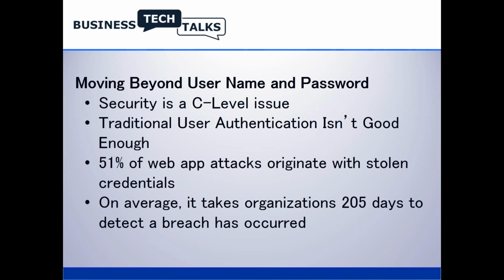Over the last several years, as many of you have seen, there have been security breaches. And for the longest time, it was kept inside the silo of IT. But security is a C-level issue.